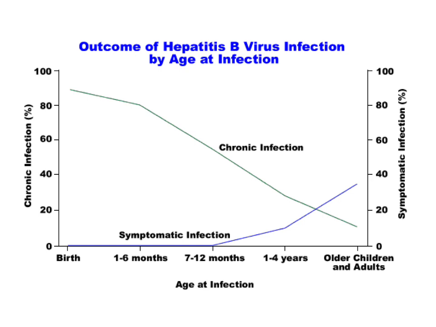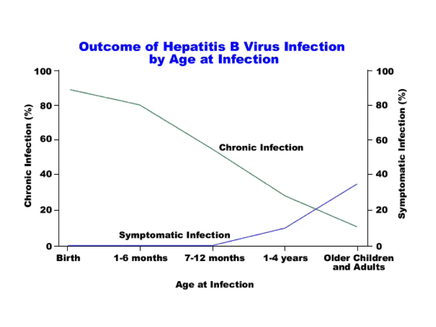However, chronic infection occurs in about 80 to 90% of infants infected during the first year of life, and 30 to 50% of children infected between 1 and 4 years of age. In comparison, 30 to 50% of adults with acute hepatitis B infection are symptomatic, but only 2 to 10% develop chronic infection. So you can see how these two lines cross.